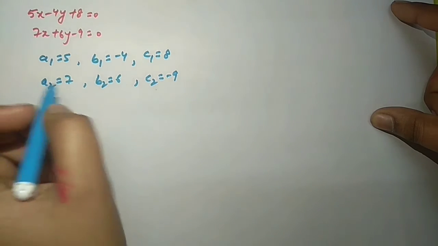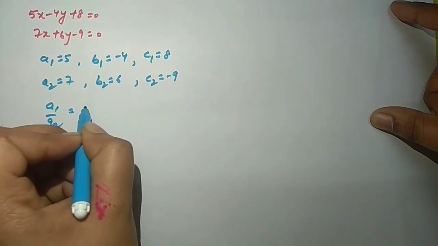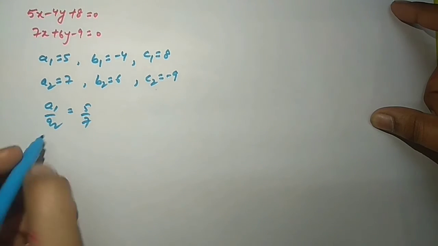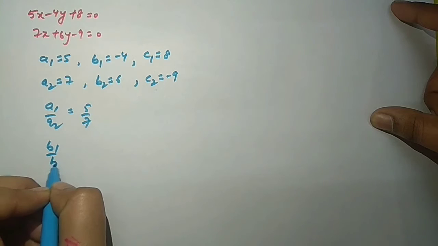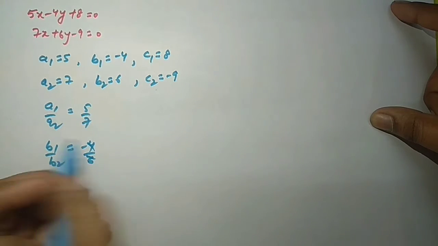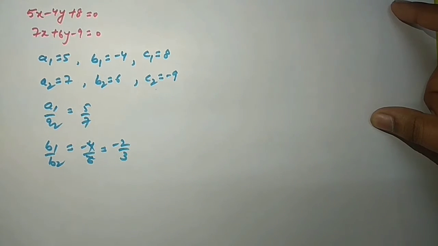So now find the ratios. a1 upon a2, that is 5 upon 7. b1 upon b2, that is minus 4 upon 6, and on simplifying we get minus 2 upon 3.